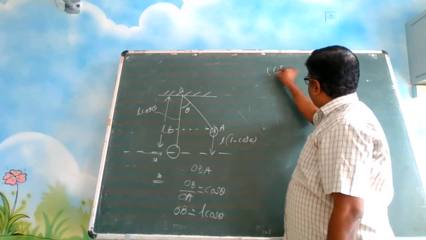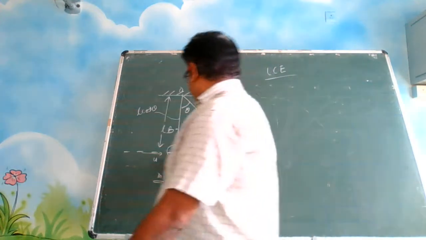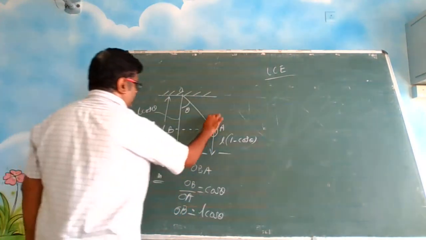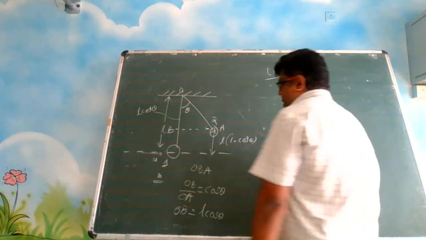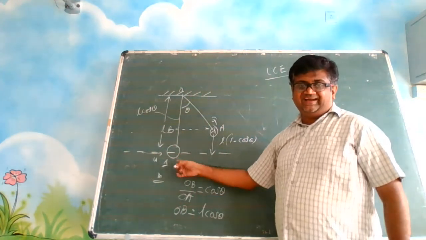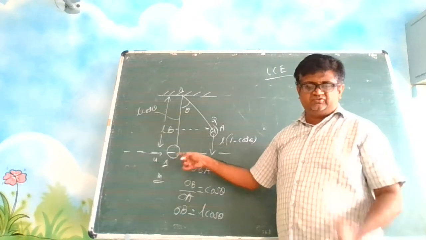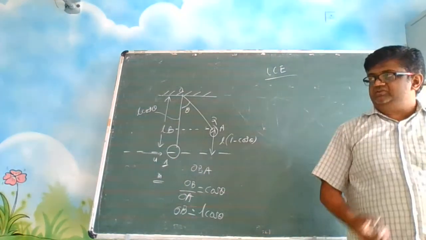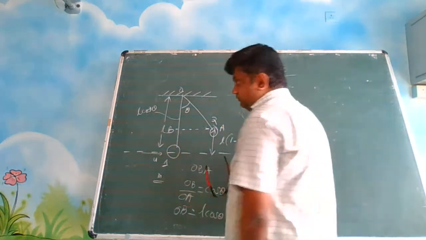Conservation of energy to both points. I will call this point 1 and this point 2. So here, which energy is there? Here only kinetic energy is there, because it is almost on the dot only, h is equal to 0. Potential energy is mgh, so at this location it is 0.